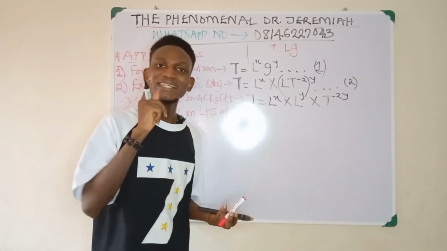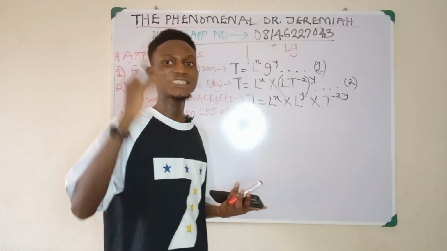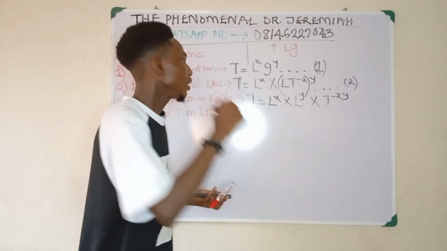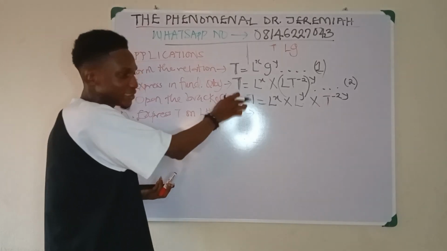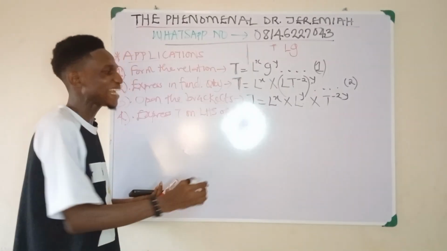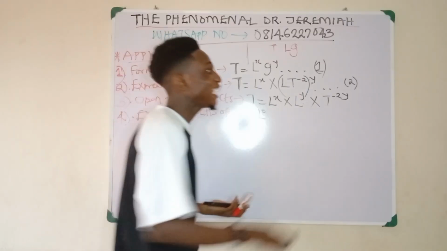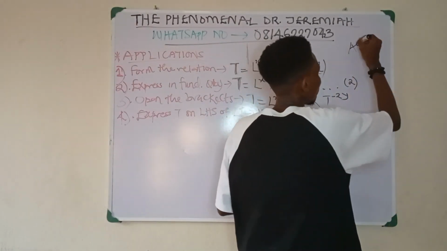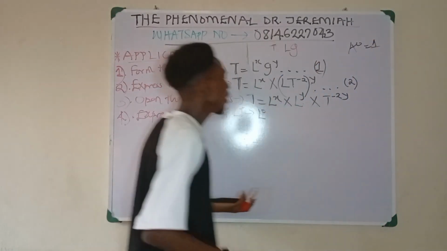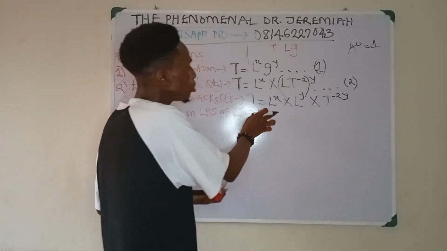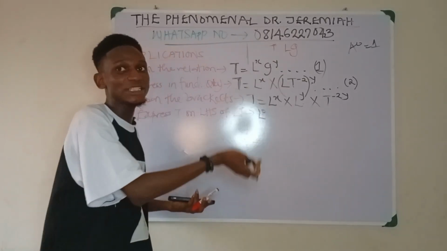Remember I told you that your understanding of mathematics is very, very important. You need to understand math to a great extent. Now, L here is not shown. What does it mean? It means that L is raised to power 0. Know that anything raised to power 0 is 1 in mathematics. So in this place we have L raised to power 0. That's why it's only T that is showing here.